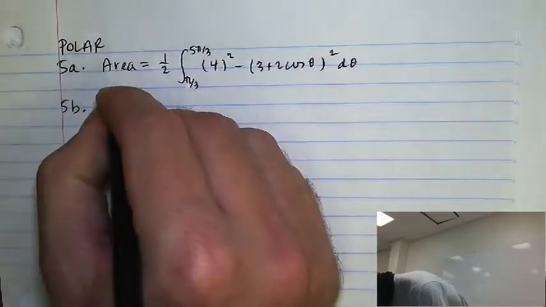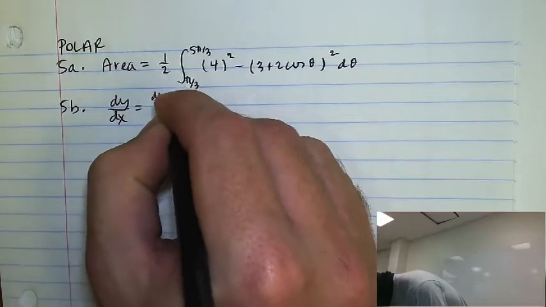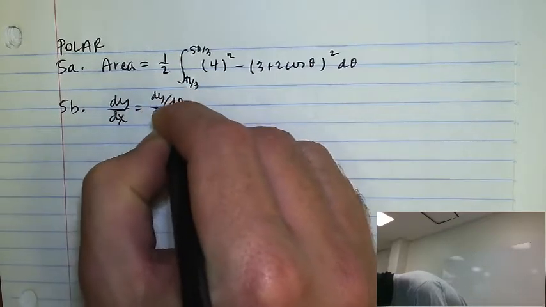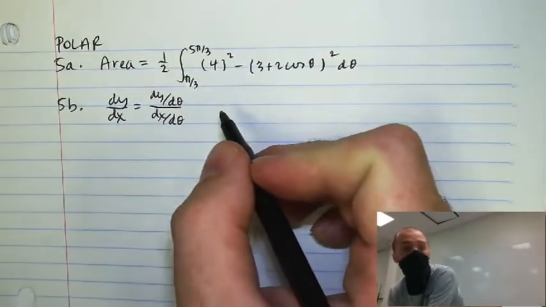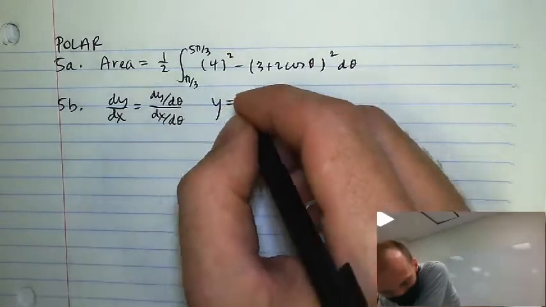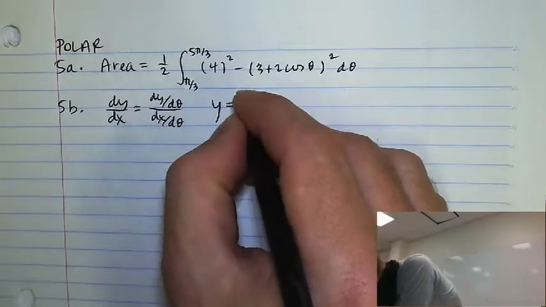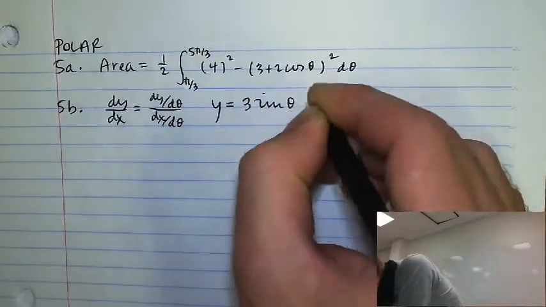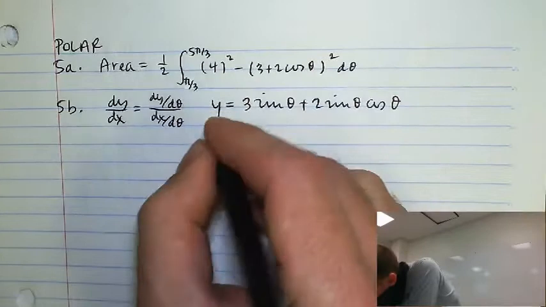What we know is that dy/dx is equal to dy/d theta over dx/d theta, where x is equal to r cosine theta and y is equal to r sine theta. So y is r sine theta. r is 3 plus 2 cosine theta. So 3 sine theta plus 2 sine theta cosine theta.